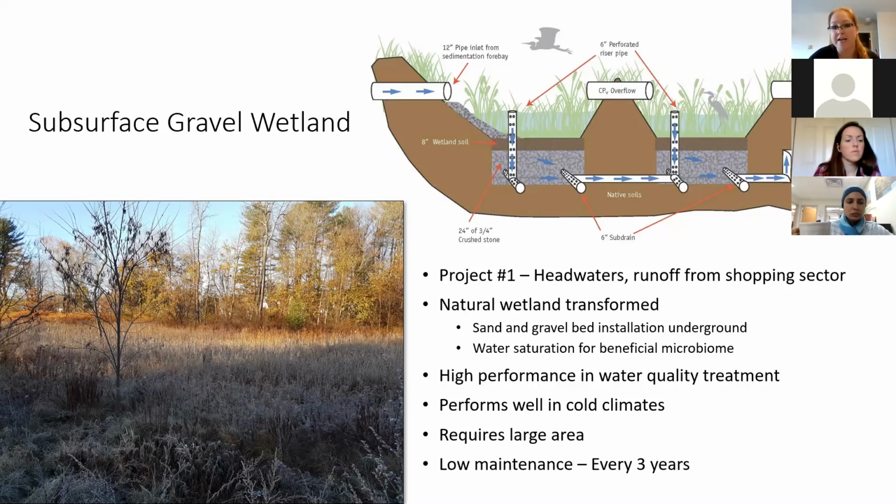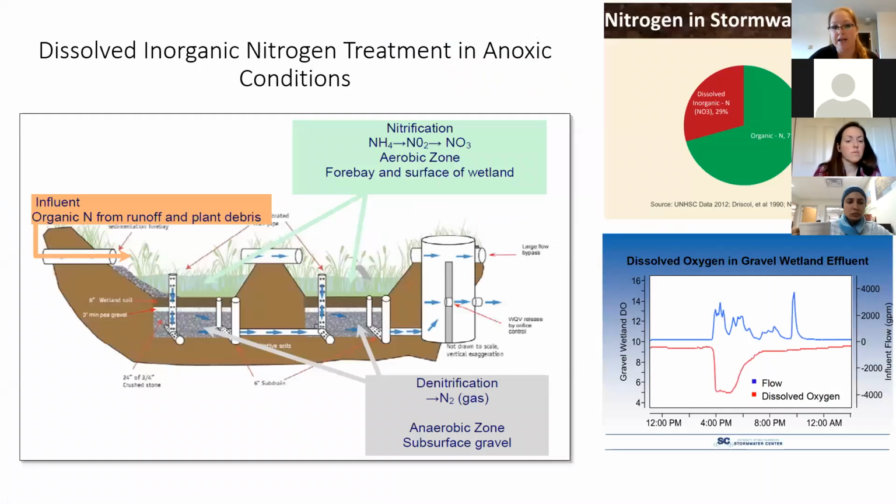So in the next slide, I'm going to explain one of the core concepts that we're going to be talking about during this presentation. The design for all or most of the systems that we're going to see today is that sand and gravel structure or mixture that goes on underground.